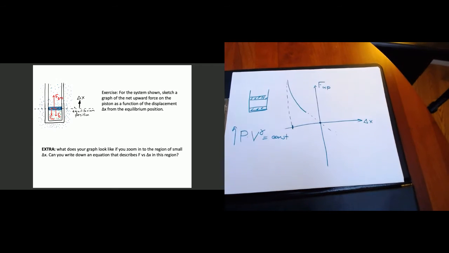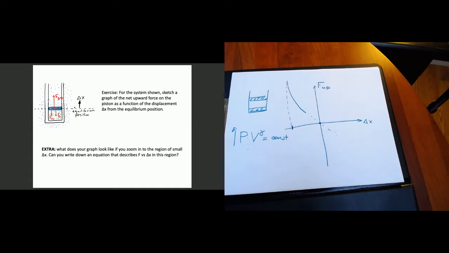What about the other direction? If I increase the displacement above the equilibrium position, in this case, there's no such limit. If our cylinder were infinitely long, we could just keep moving the piston up and up and up. And again, looking at this formula, as the volume goes to infinity, that inside pressure is just going to go to 0. And so as that inside pressure becomes smaller and smaller, it basically becomes negligible compared to the other forces.